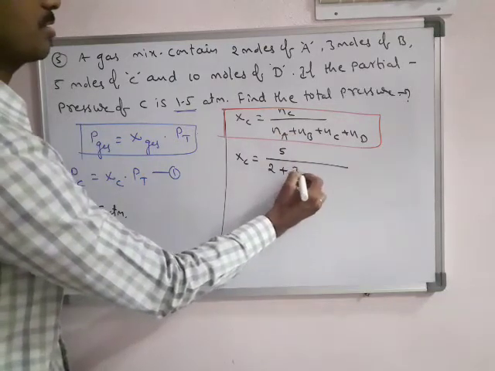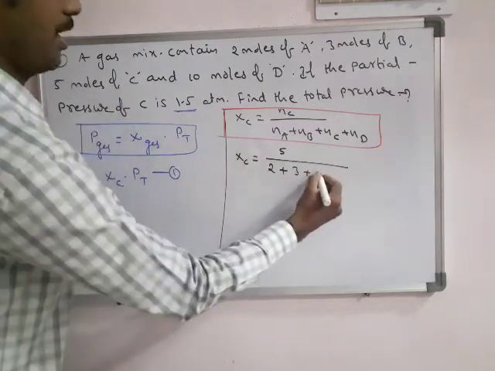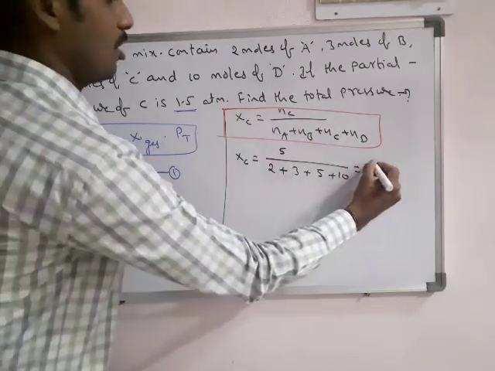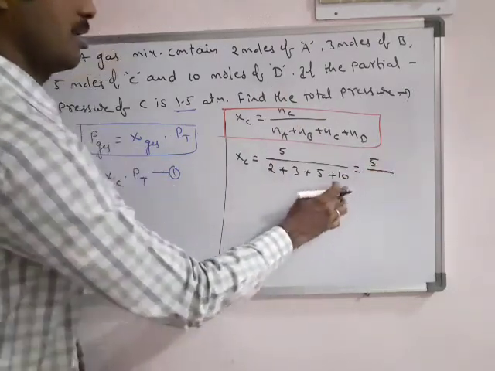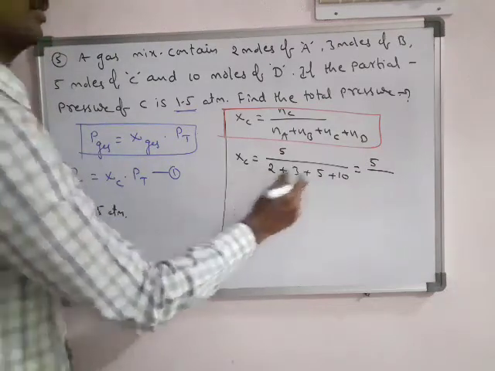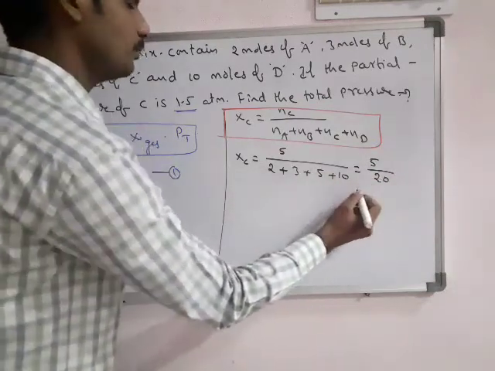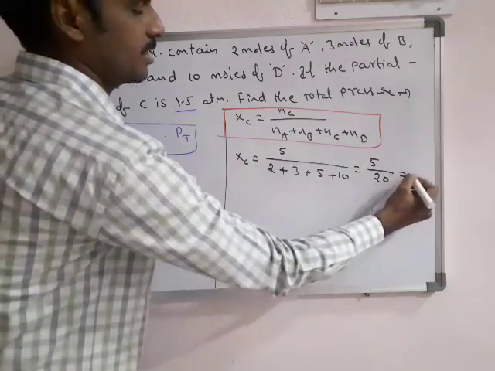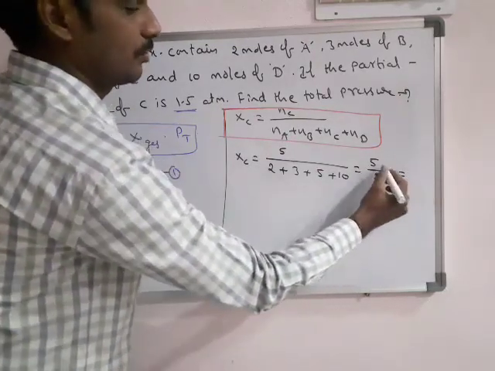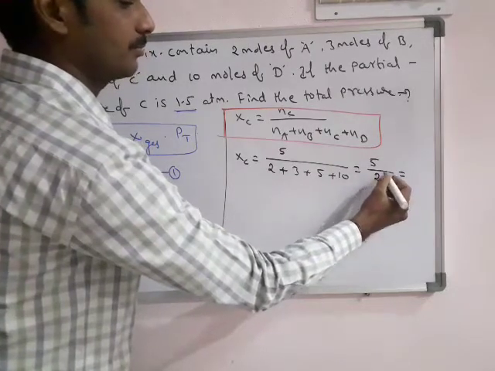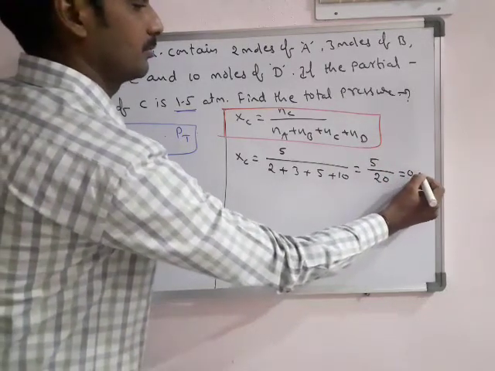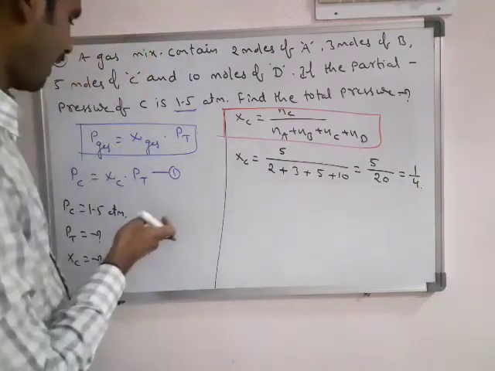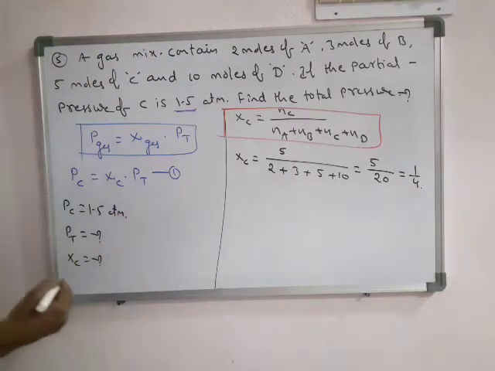B how much? 3. 5. D how much? 10. So how much will you get? 15. So 5 by 15, just write it as 1 by 3.